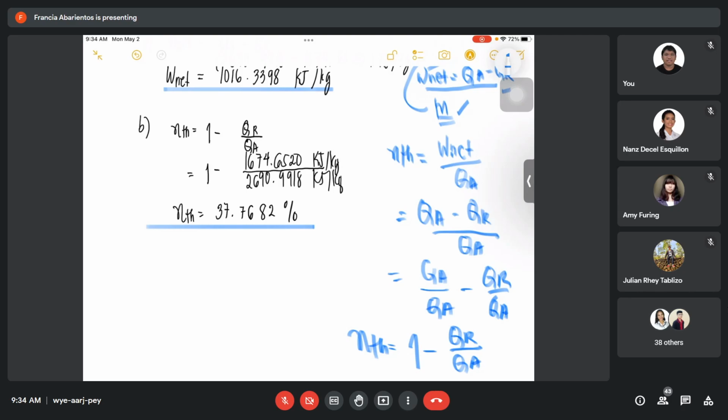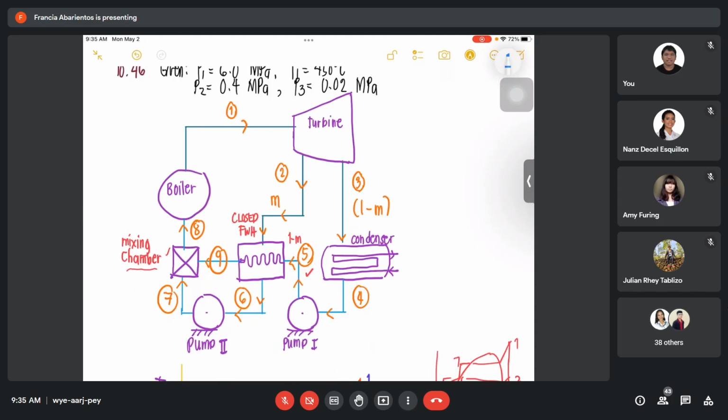So, that is the simplification. But if I ask you to find the work of the turbine, you will make use of the equation derived on the feed water heater. It's the same, class. Your equation will be the same as in the open feed water, since that one is higher up. They only vary in the properties, in the closed, at points 2, 5, 6, and 9. That is where the open feed and the closed feed water heater vary.